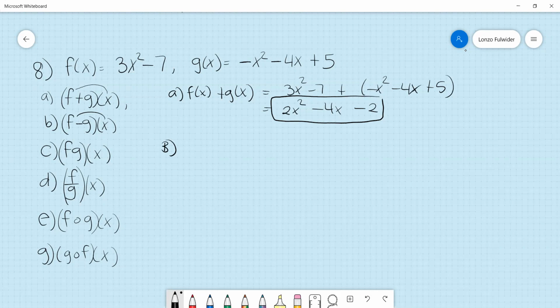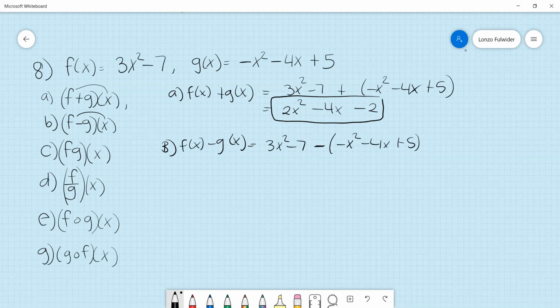Here we have f of x minus g of x. This is pretty simple. We know our f of x is just 3x squared minus 7. Now we have to do minus g of x, so I'm going to put parentheses, because you're going to distribute this negative: minus (-x squared minus 4x plus 5).